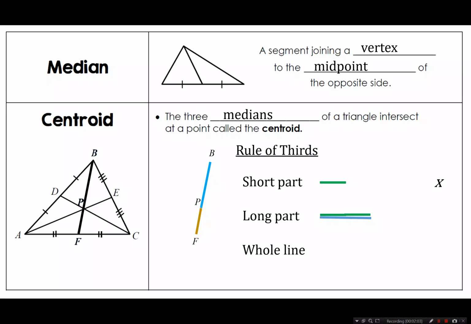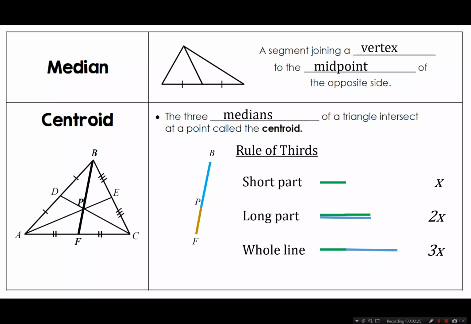Since the short part is x, the long part is 2x. Now, our whole line was both of those segments added together, correct? So we have x plus 2x, which gives us a total length of 3x.